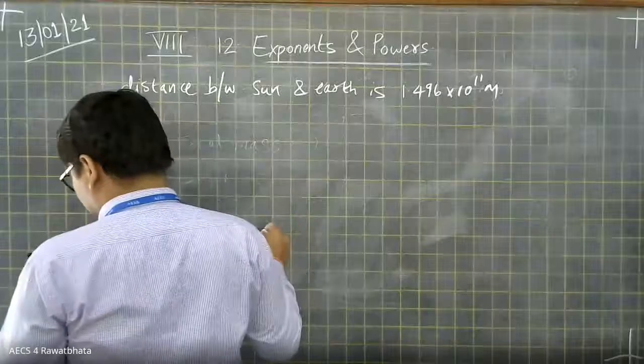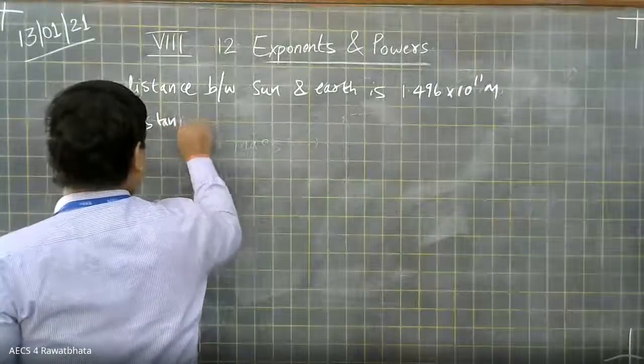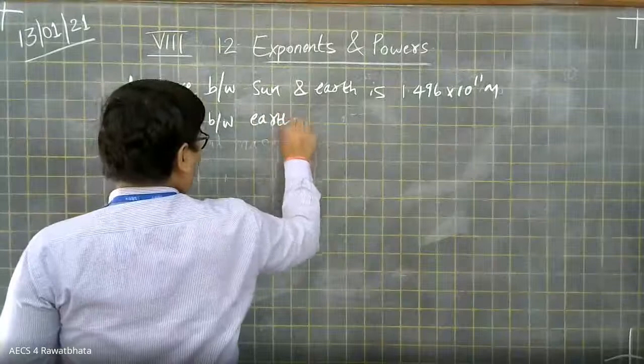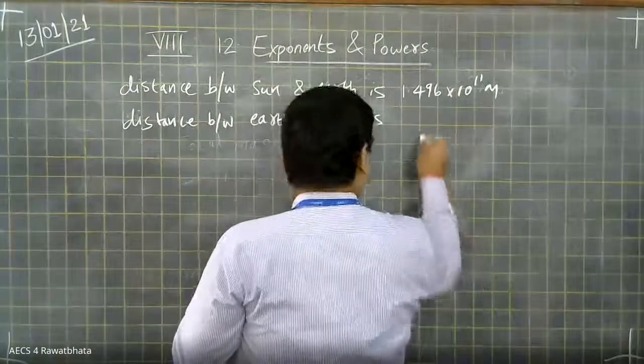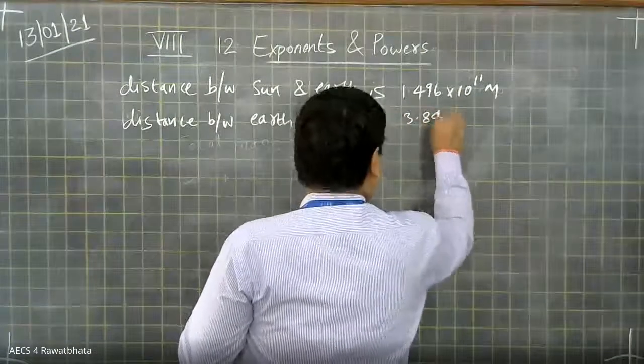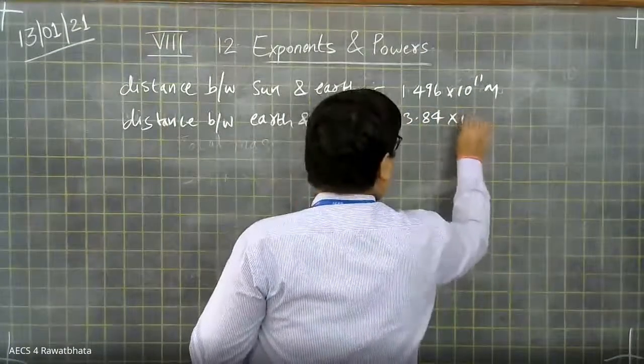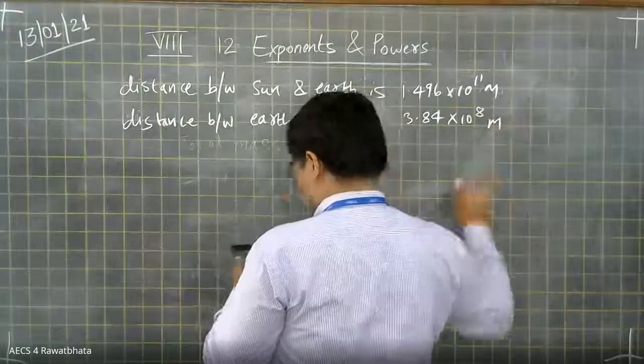Okay, and the distance between earth and moon is 3.84 into 10 to the power 8 meters.